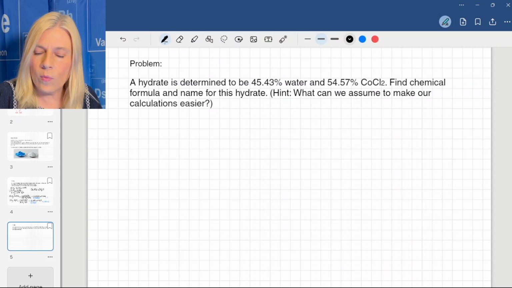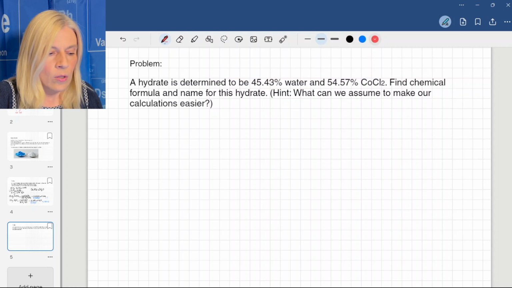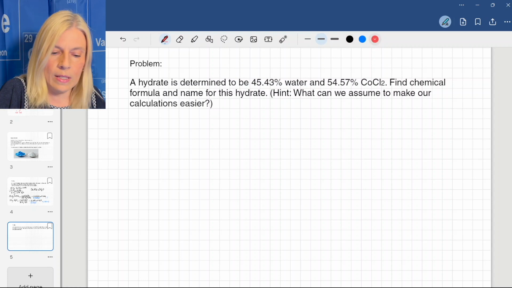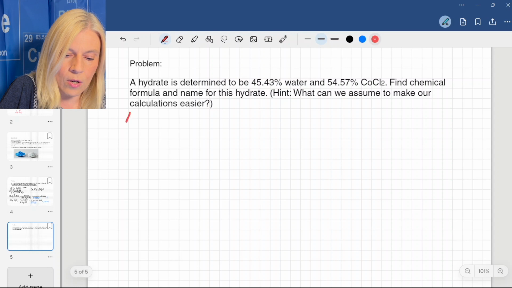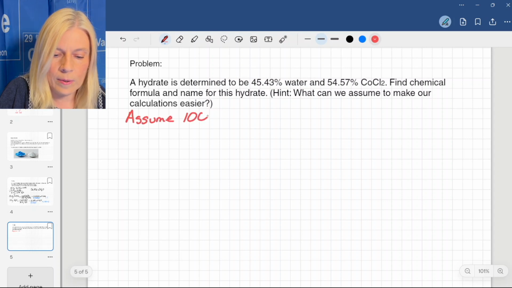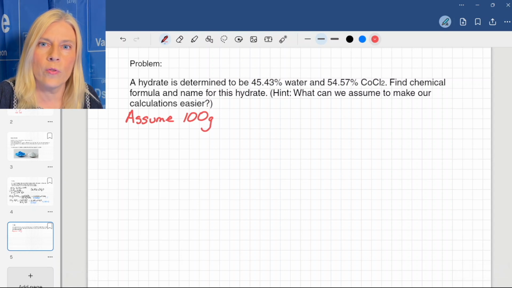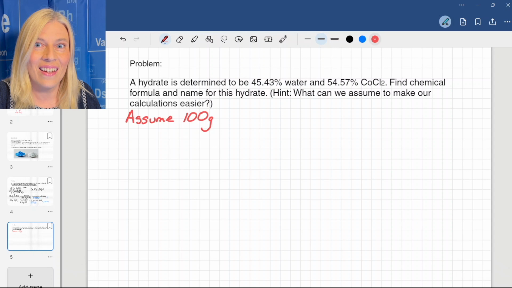So what can we assume to make our calculations easier? Well, I think the first step, and this is important, is we're going to assume 100 grams. If we assume 100 grams, what's 45.43% of 100?